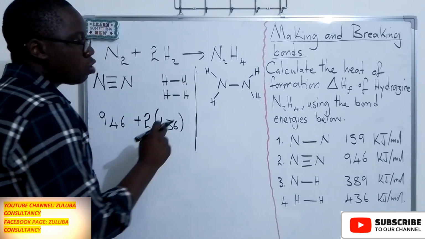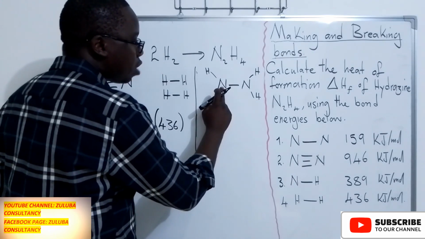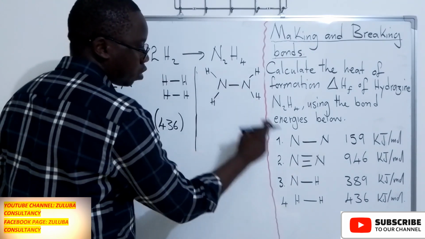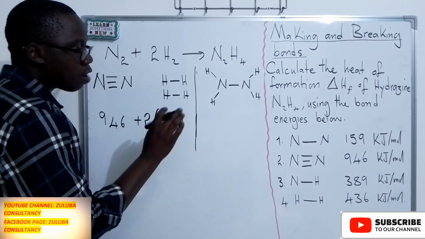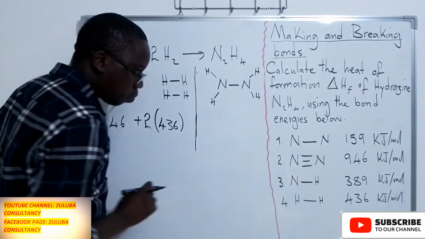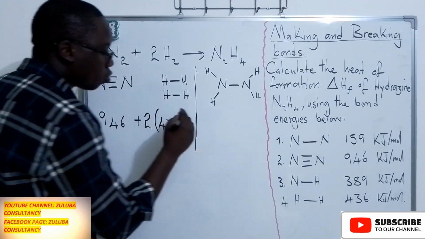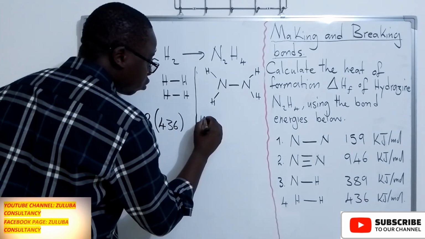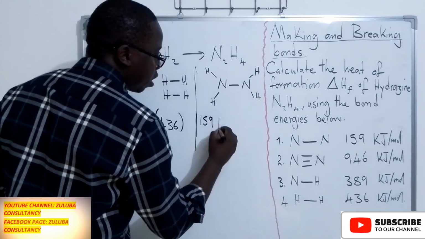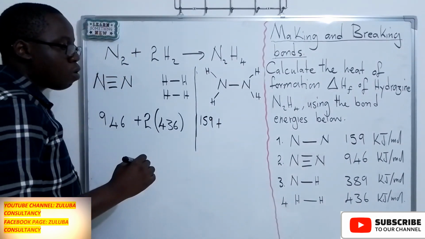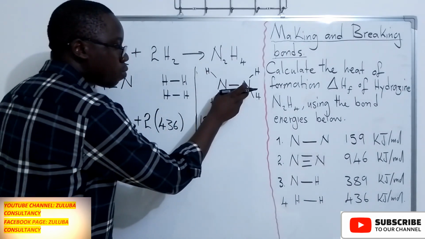The first bond that you can notice is the nitrogen to nitrogen bond. How many bonds do we have that are nitrogen to nitrogen bonds? We have 1. So we need 159 kilojoules per mole for us to form this bond.